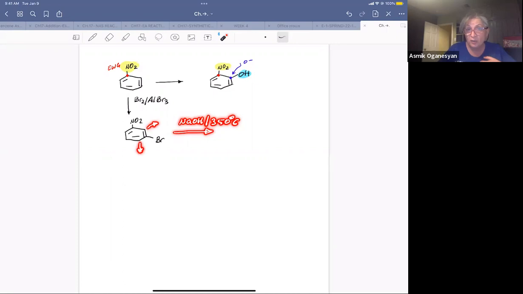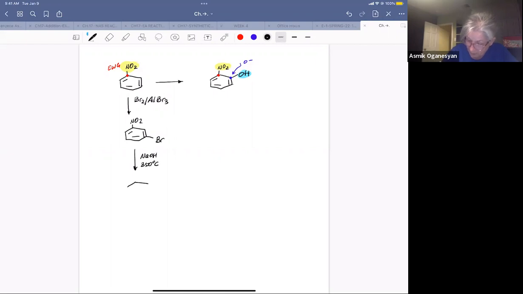And when I look at my reaction conditions, my ortho position is going to reside right next to the nitro group, or the para position will be further away from it. So if I decided to use those conditions, my major product would be this.